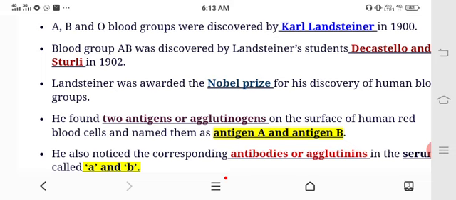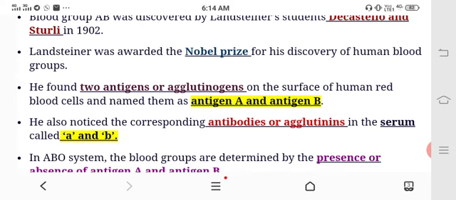These antibodies are denoted by small letters, small a, small b. The corresponding antibodies or agglutinins in the plasma serum are called anti-A and anti-B.